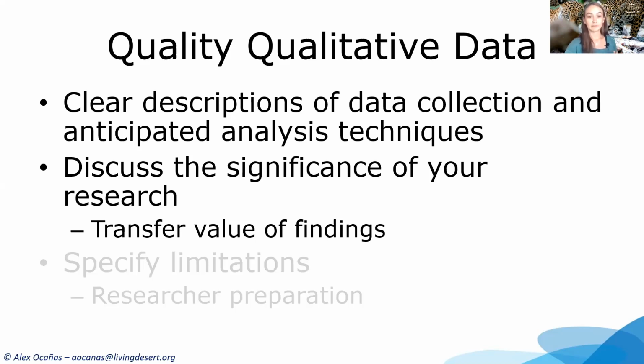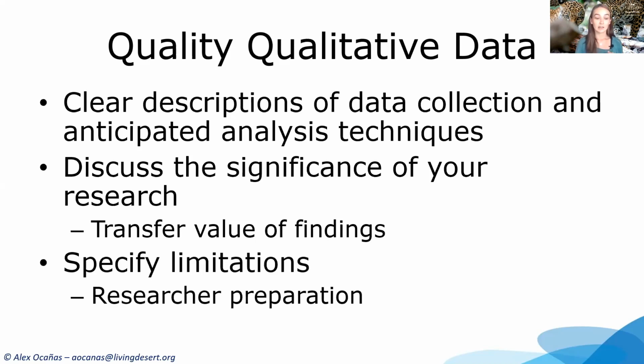And then let's see, finally here, it's kind of related to your research identity, a little bit different. We want to be especially clear about the limitations of the study. Again, we do this for all research, but it's important here just to specify the limitations of your research.